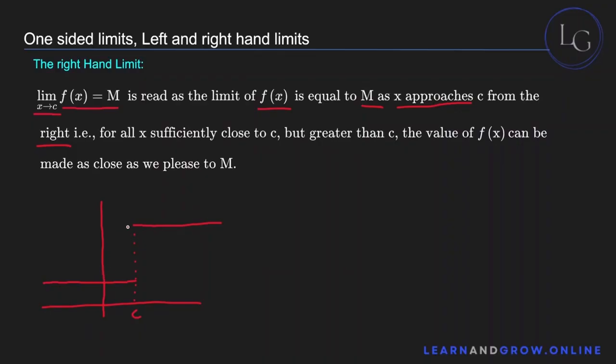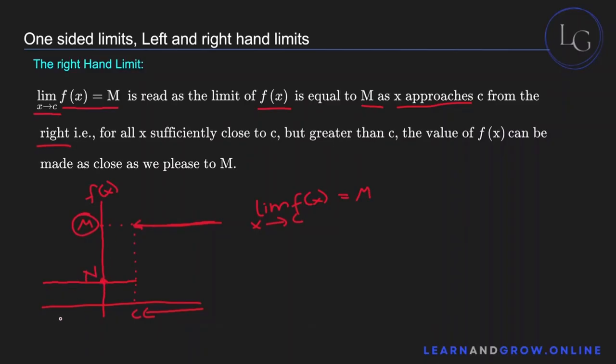Now this is the m value of f of x, and this is the, say, n value. Now at c, the limit of f of x as x approaches c is equal to m for this particular function only when you approach c from the right hand side, because if you approach from the right hand side, it approaches m.